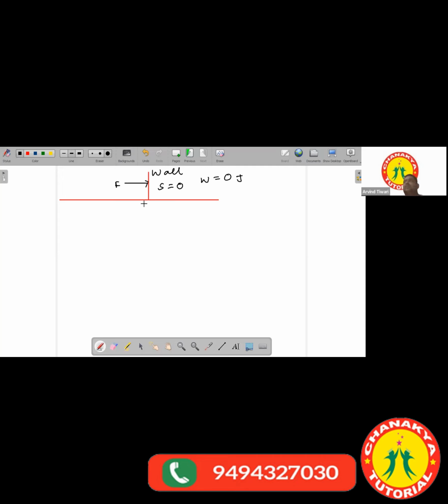Now the next concept is energy. Just after work done, we have energy. What is energy?